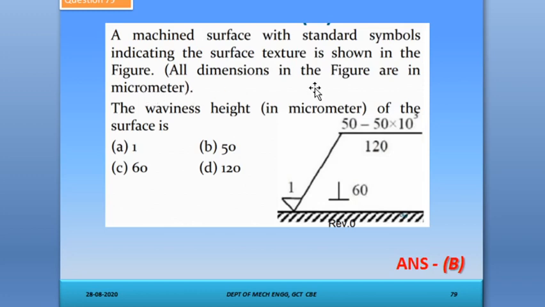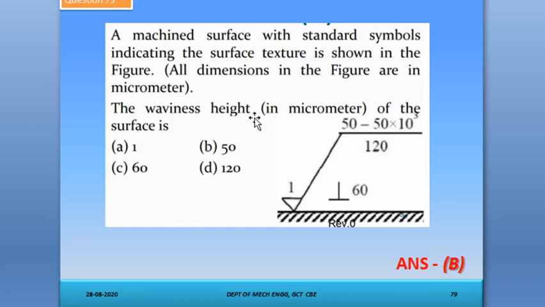All dimensions in the figure are in micrometer. The waviness height in micrometer of the surfaces is asked. Already we noted the symbol and what each number represents in part 1 lecture. This one is the Ra value, this one lay direction, perpendicularity.